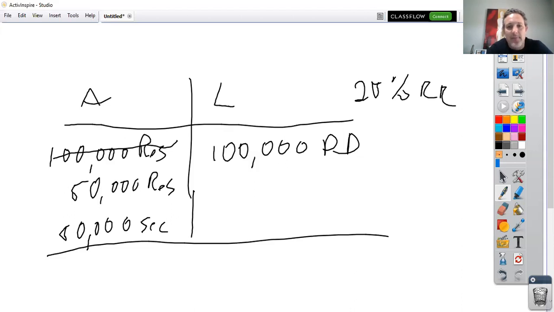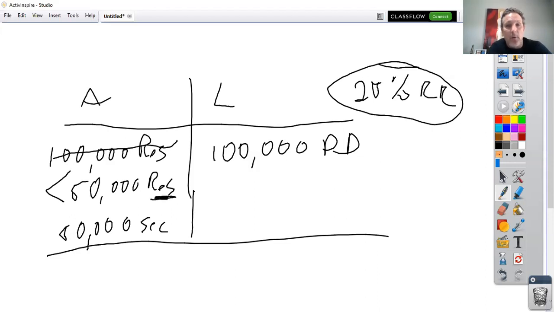They could say, if there's a 25% reserve requirement, how many new loans can this bank make? So what you would have to do is do the math over here. 100,000, they have 50,000 in reserves. If it's a 25% reserve requirement, 25 of this, because they only gave you reserves, they didn't give you required reserves or excess reserves. So if they have 50,000 in reserves, I know 25 of those are required.